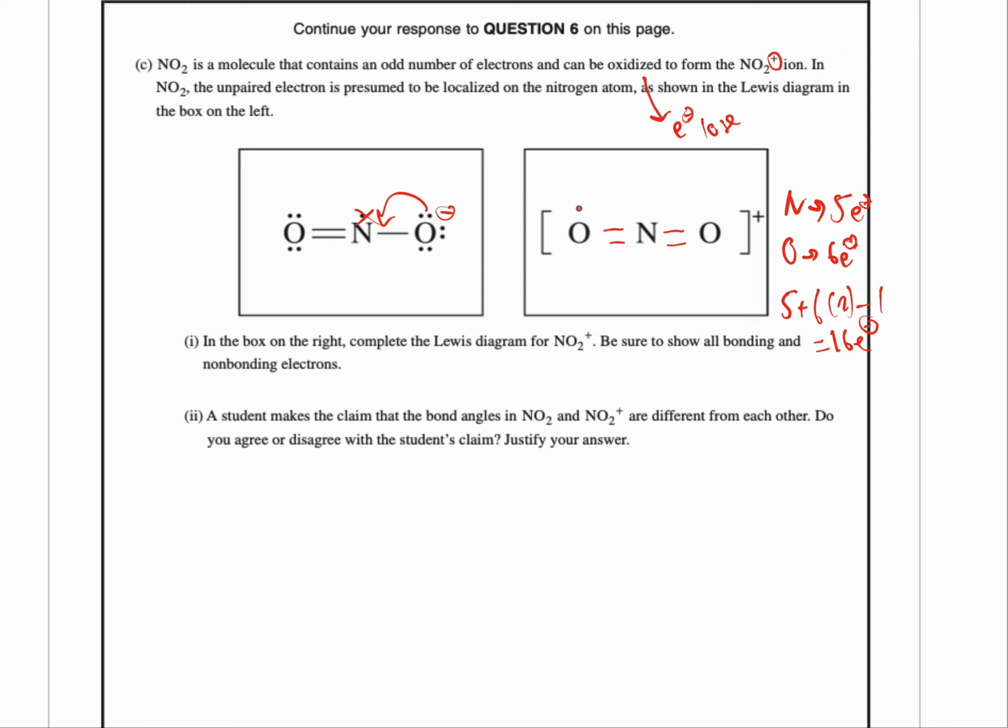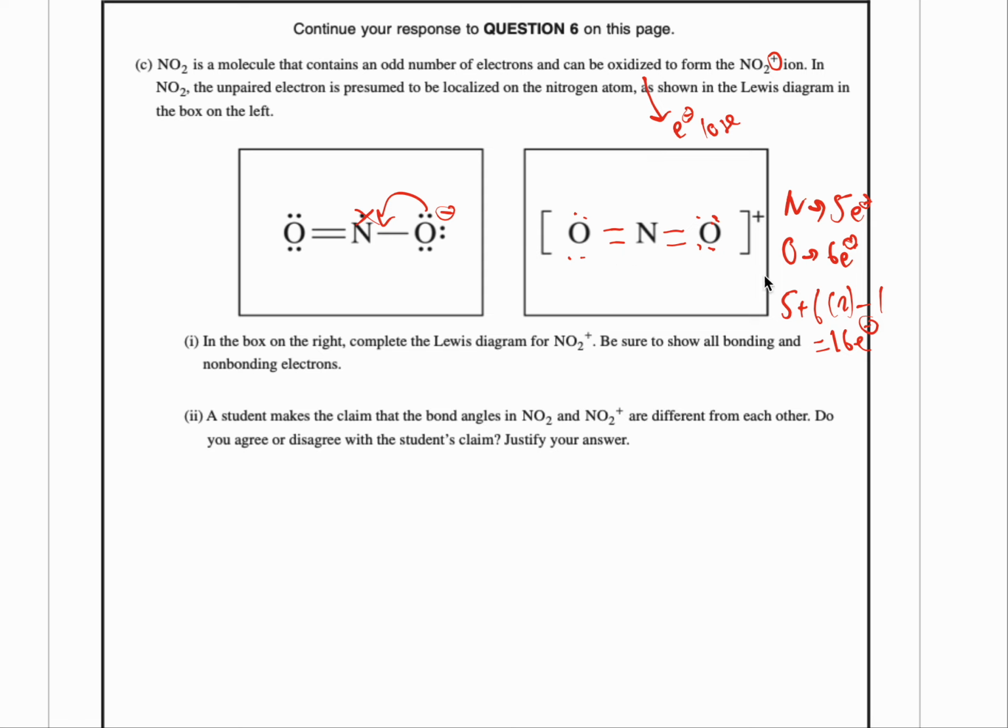So this looks like a good diagram. We can put in all these electrons, making a mistake here, sorry. We can put in these electrons, count it all up, and surprise, surprise, it does equal 16. 1, 2, 3, 4, 5, 6, 7, 8, 9, 10, 11, 12, 13, 14, 15, 16. We can also think about the charges.